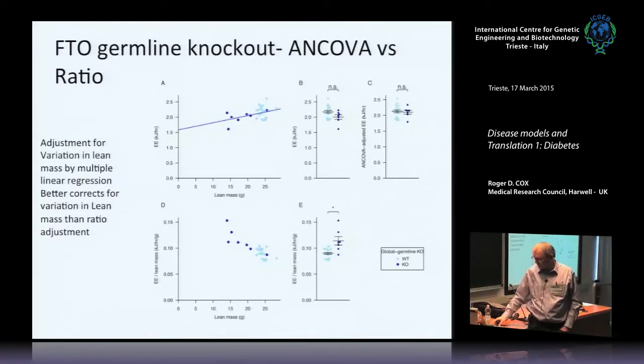It's important to correct this sort of data properly. These are all normalization techniques that have been worked out in humans. Calorimetry has been done in humans for a very long time, and the mouse needs to adhere to those same sorts of standards. Otherwise the literature fills up with data that may not be reproducible.